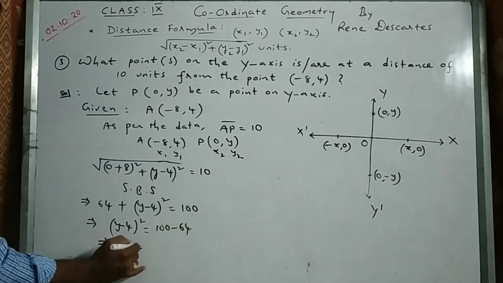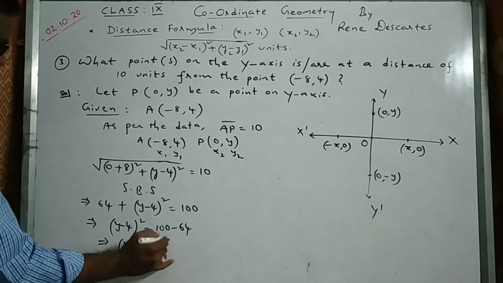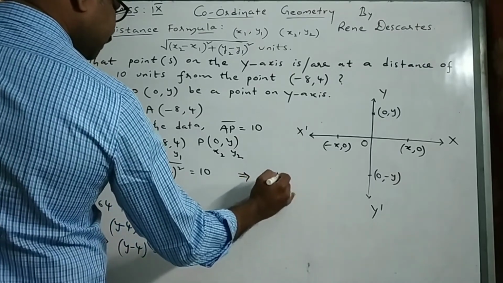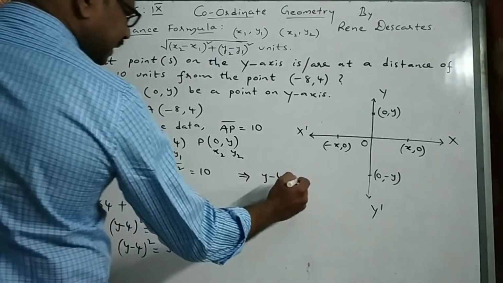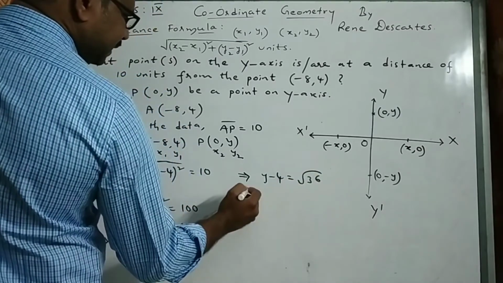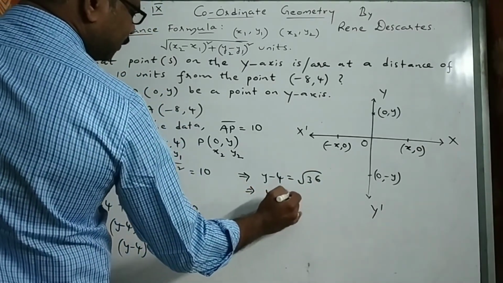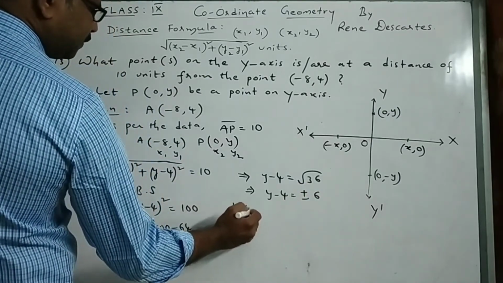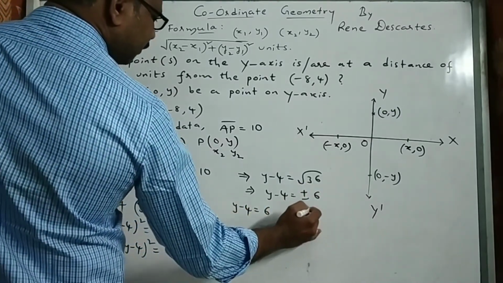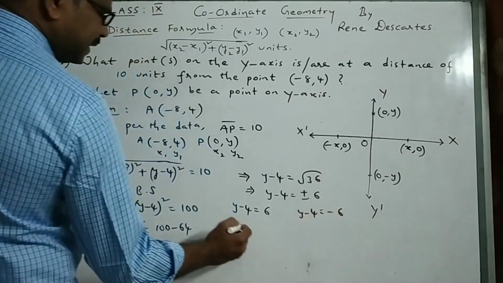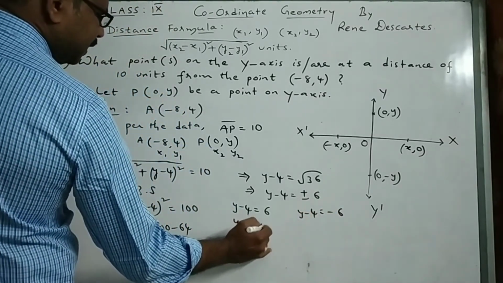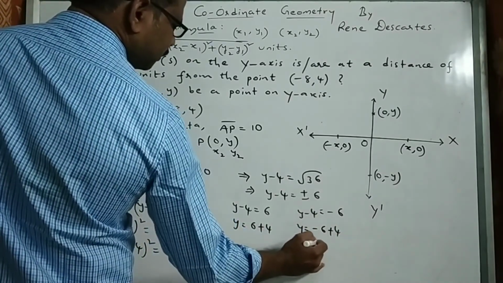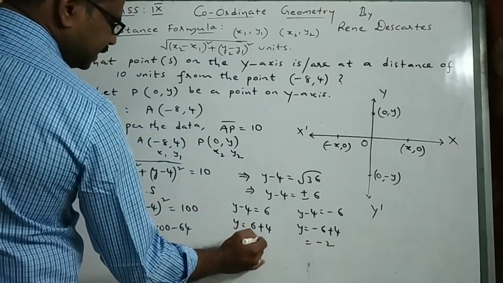So y minus 4 whole square equal to 36. That implies y minus 4 is equal to plus or minus square root 36. So y minus 4 equal to 6, y minus 4 equal to minus 6. y equal to 6 plus 4, y equal to minus 6 plus 4. So this is minus 2, this is 10.